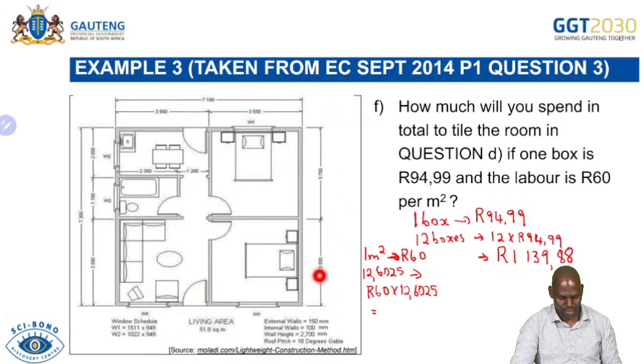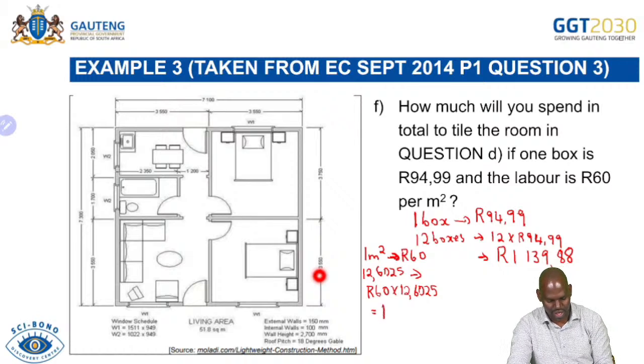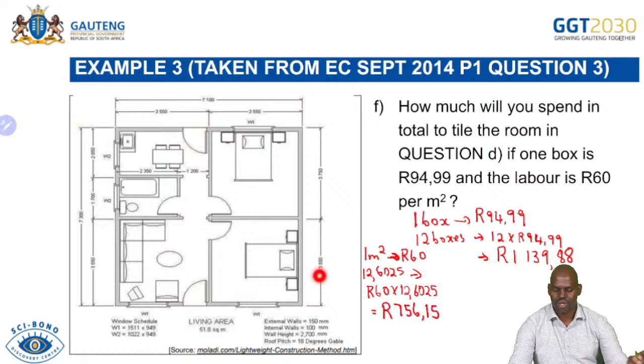60 rand multiplied by 12.6025 is 756 rand and 15 cents. The cost of boxes is 1,139 rand and 88 cents, and the cost of labor is 756 rand and 15 cents.